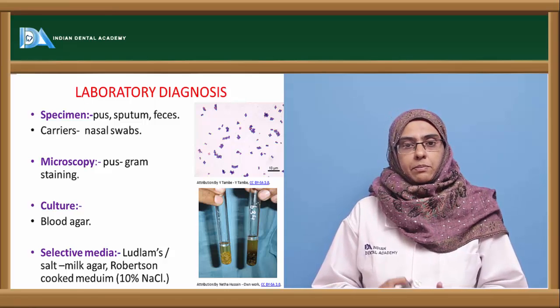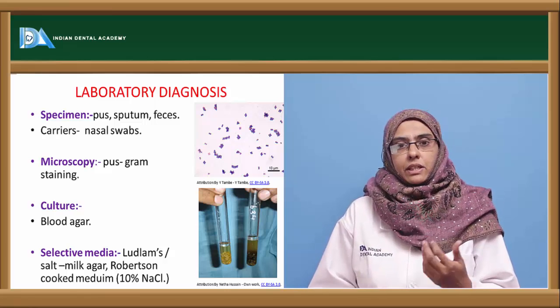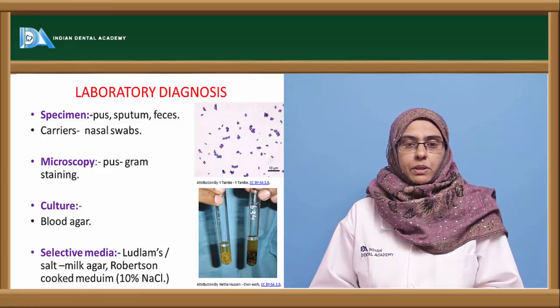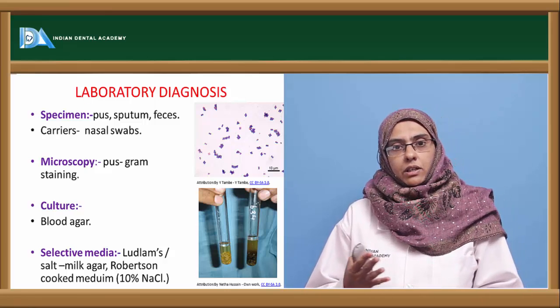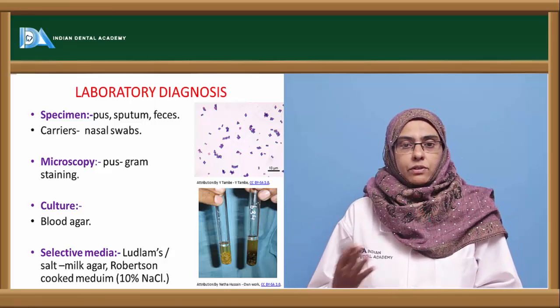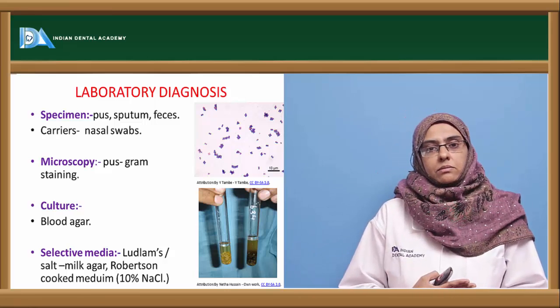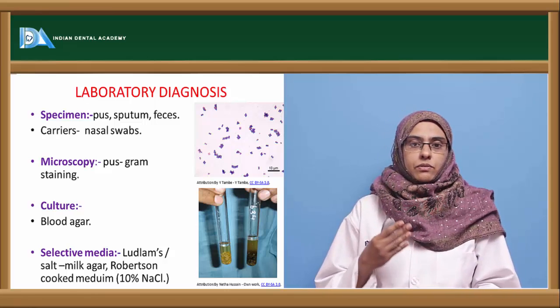The specimen depends upon the type of lesion that the organism is producing, whether it is a local infection or suppurative infection. In that case, you can go with the pus collection, or sputum in the case of respiratory tract infections, and feces in the case of food poisoning, because this organism is involved in toxic shock syndrome and symptoms of food poisoning.